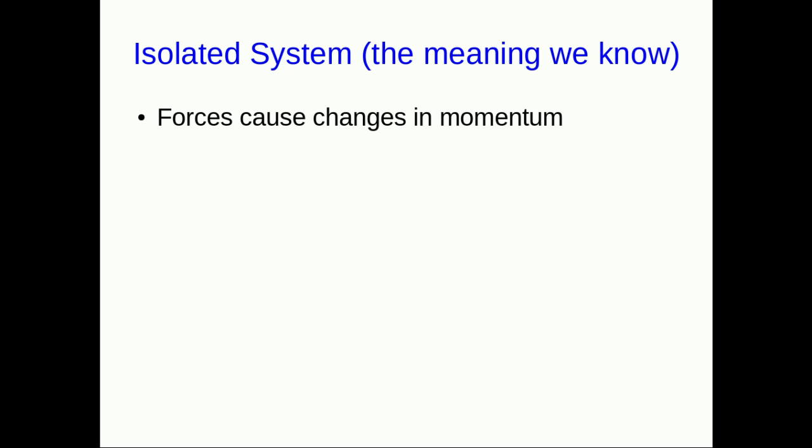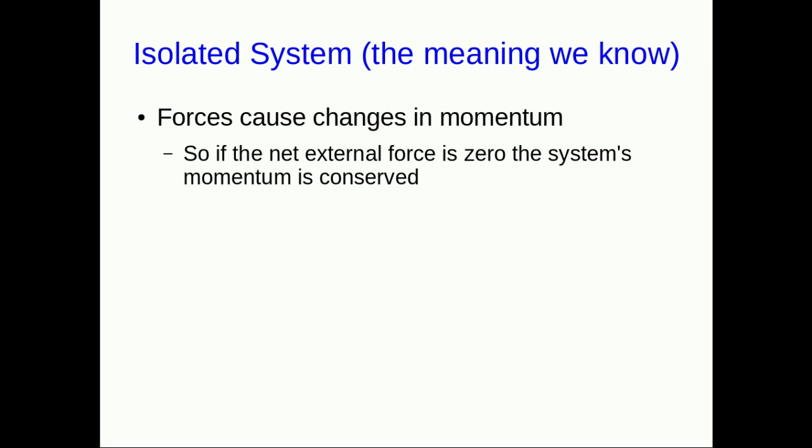Now we come back to this idea of an isolated system, which we saw when we were studying momentum. We know that forces cause the momentum of objects to change. But all the internal forces in a system have to add up to zero. That's Newton's third law. And so it's only the external forces that change the system's momentum.